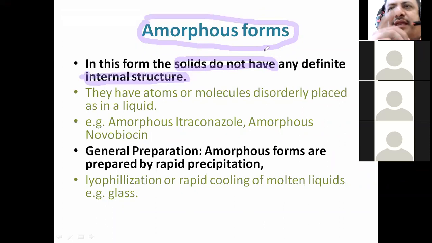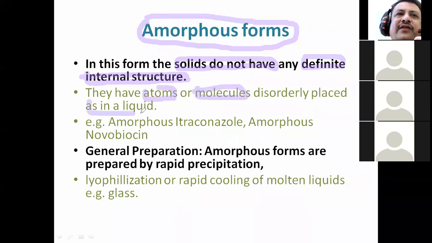As we have seen, the internal structure of crystalline matter is highly ordered. In the amorphous form, as they do not have a definite internal structure, the atoms or molecules are disorderly placed, as in a liquid form.